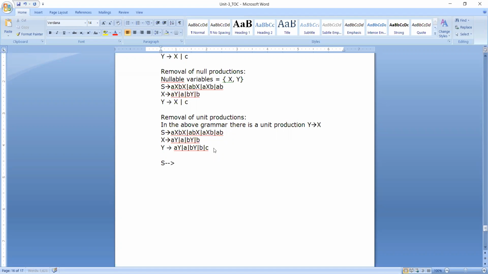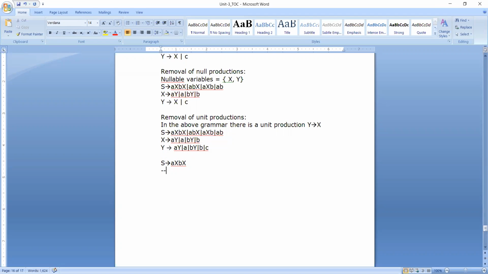So how can we do that? Let us write one. There is a production called S derives to small a X, small b X. Now X is reachable from the start symbol. Yes or no? But Y is not reachable. But we have some X production which is involving Y. Now I am going to take that.